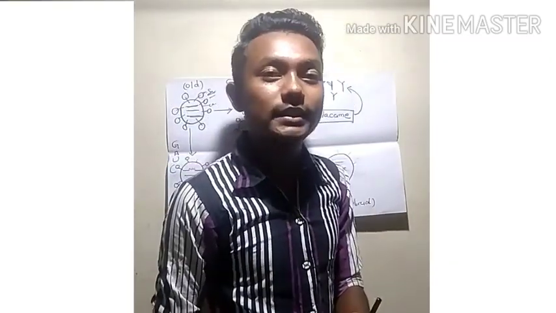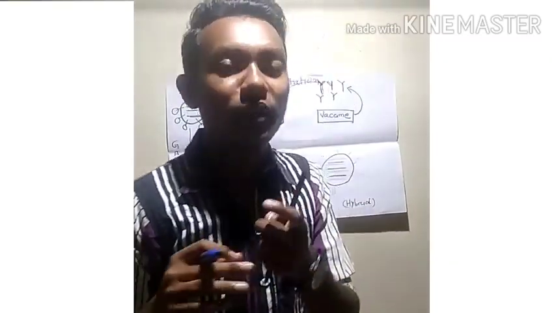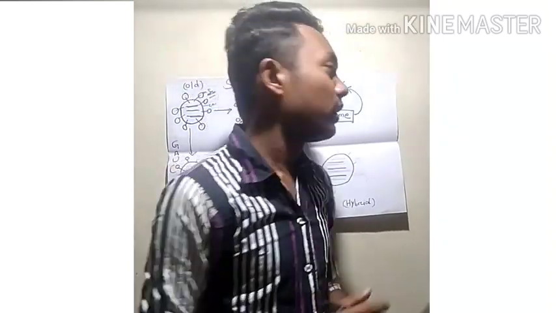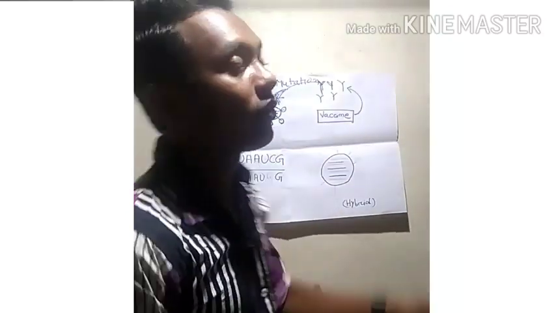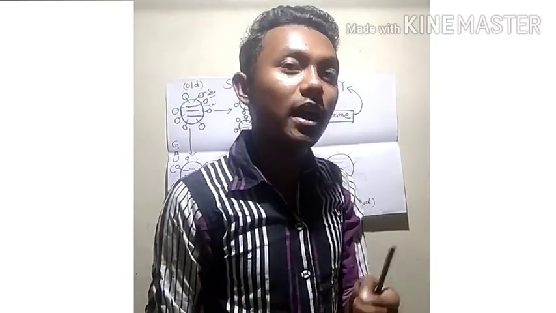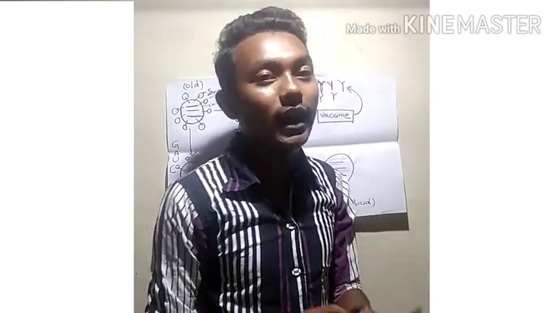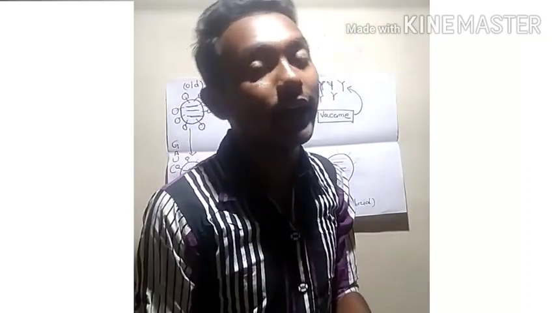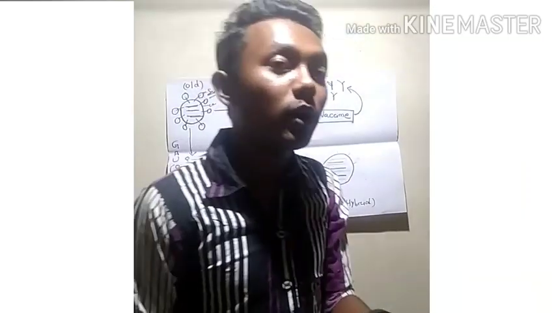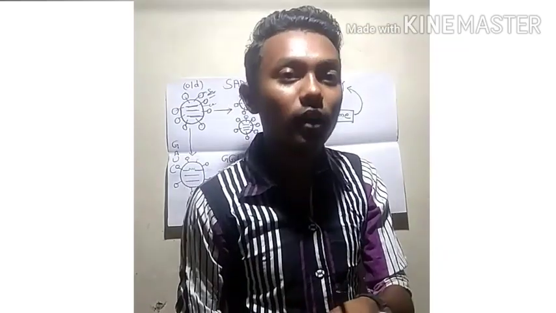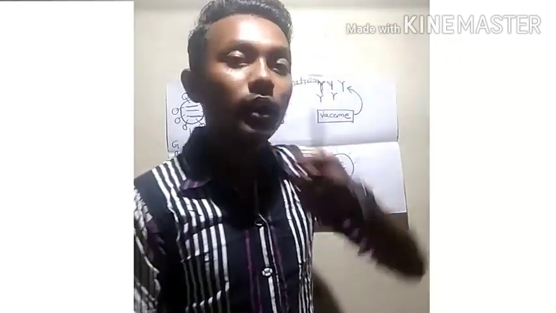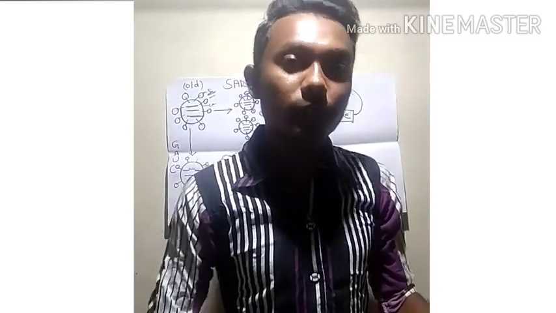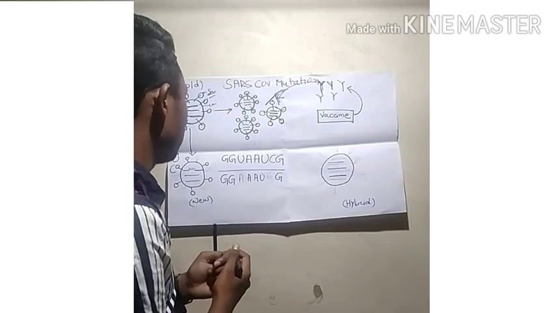Our vaccines are almost 80 to 90% efficient against the early stage of the virus. So this is the overview of how the virus infects us, how our immune system responds, how it generates antibodies, and how it kills the virus inside our body and makes our body healthy.